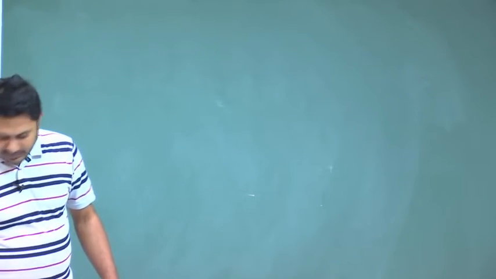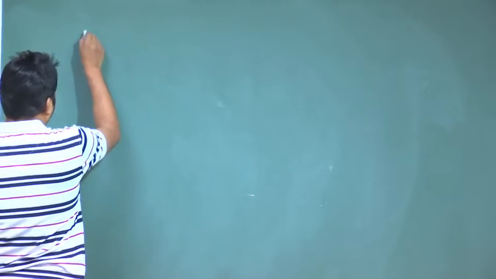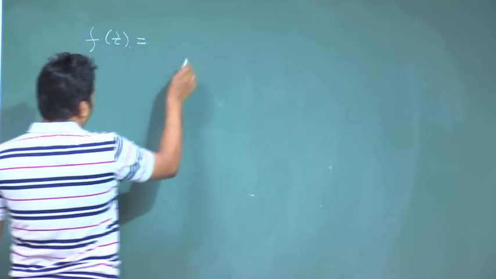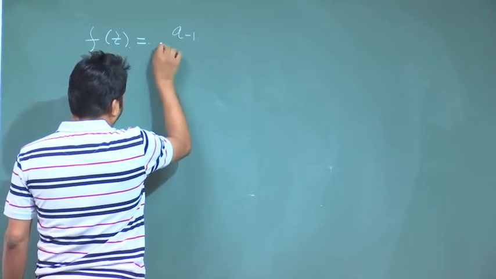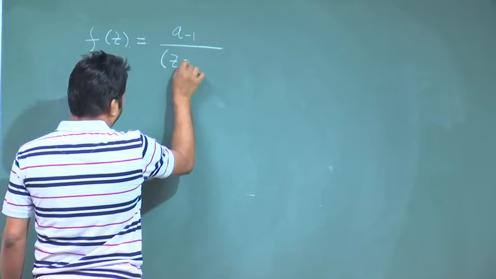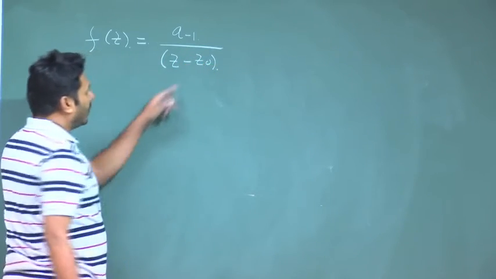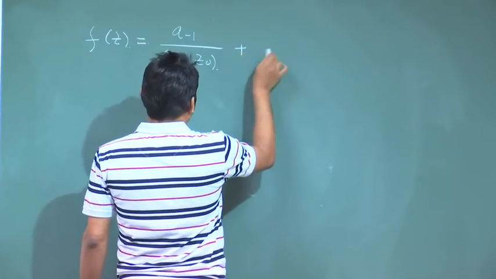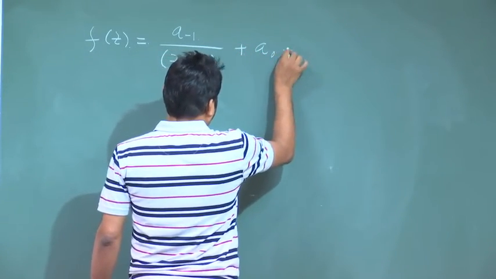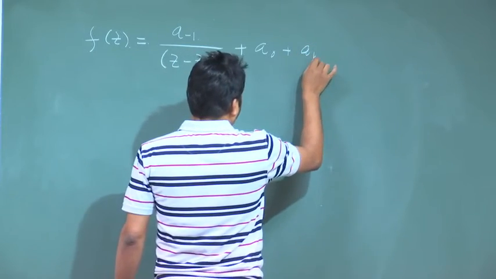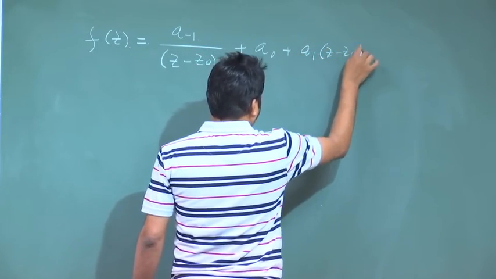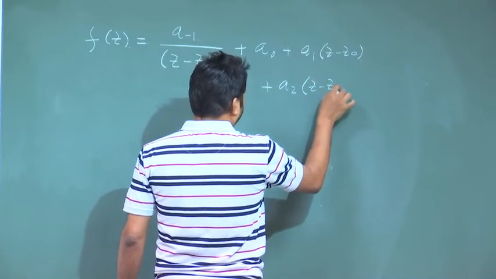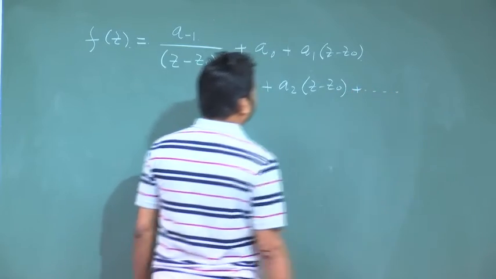Now we have a Laurent series in this form, with only one term as the principal part, then a1 (z minus z0) plus a2 (z minus z0) squared and so on.